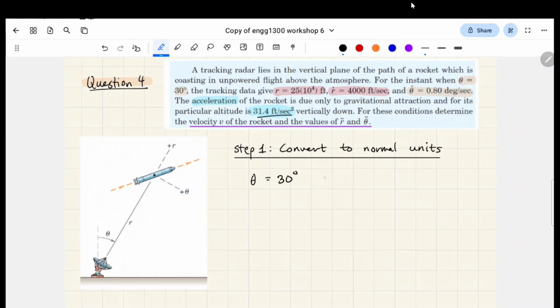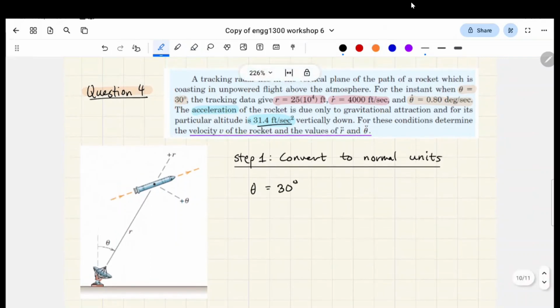The angle is 30 degrees, but I'm also going to list it in terms of radians because it'll be useful when we plug into our formulas, which are listed on the page above. So we want to convert this to radians. We get this.